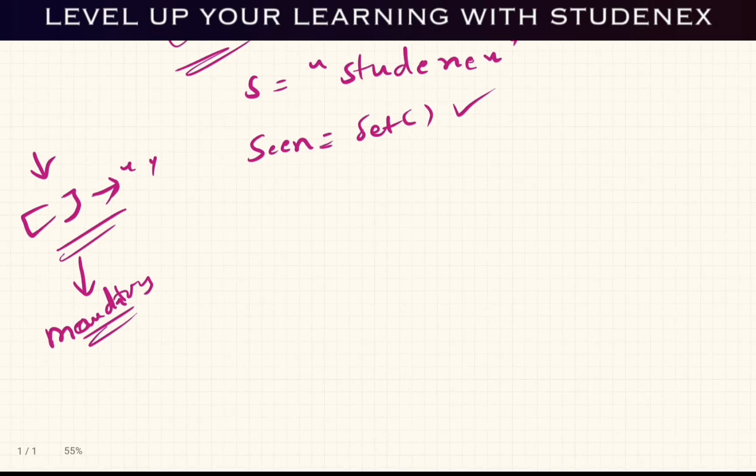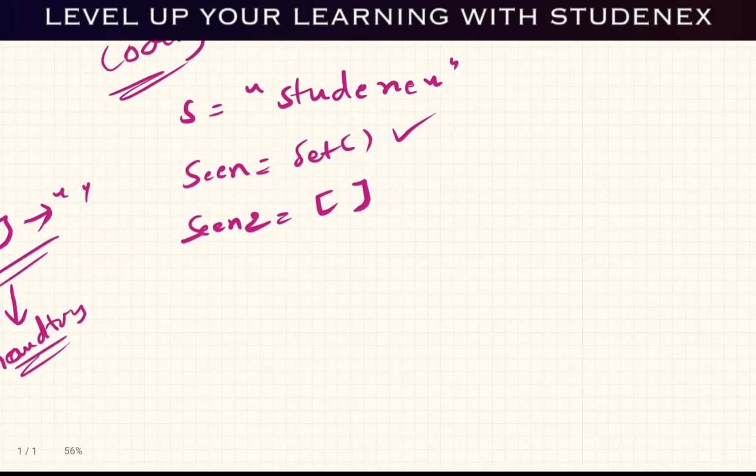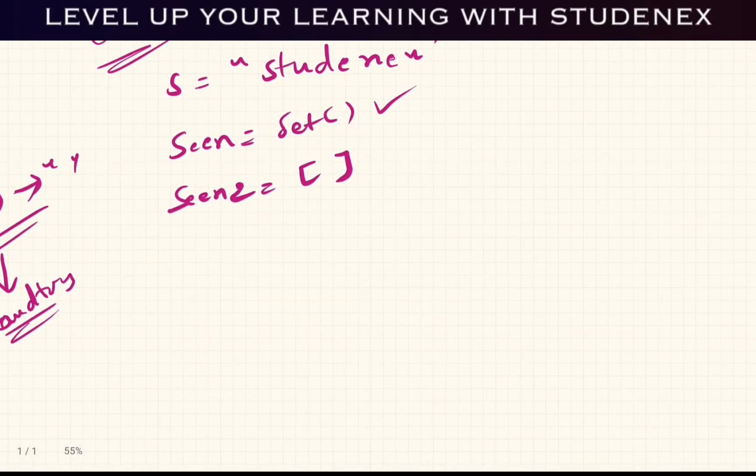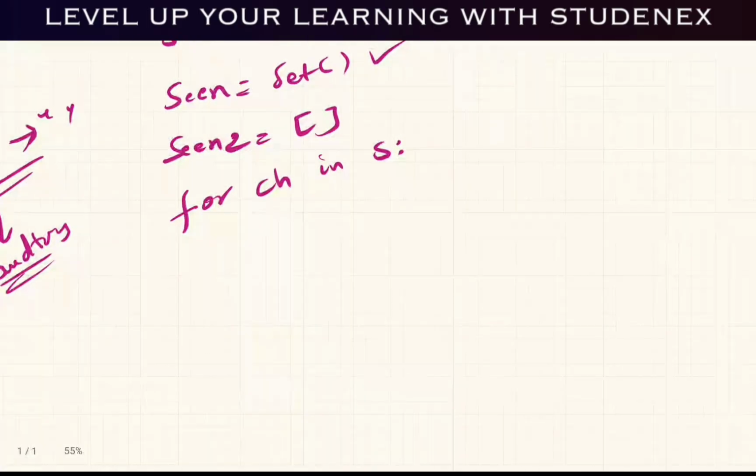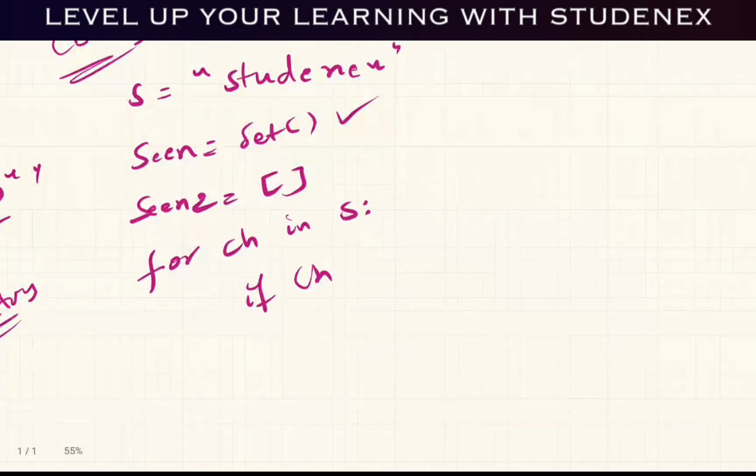So I took a set here. Now I'm going to take another array, which is going to be seen2. I'm going to iterate over each character: for character in string, I'm going to check if the character is not in set.